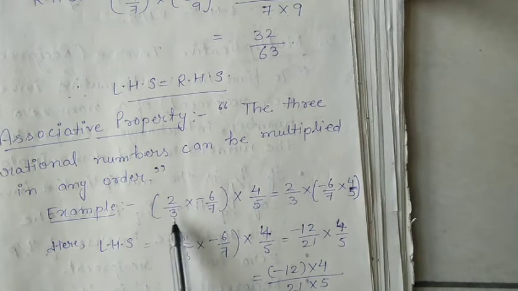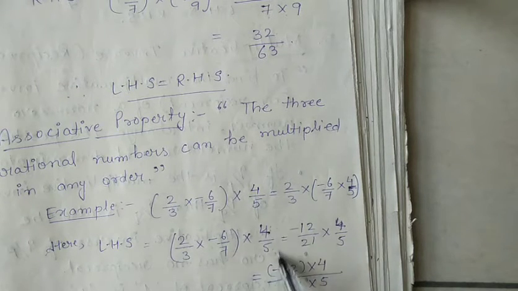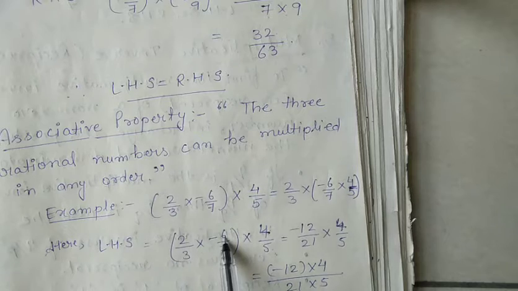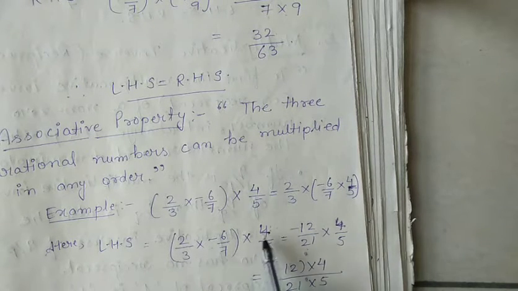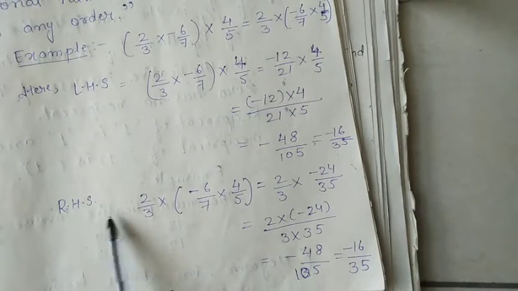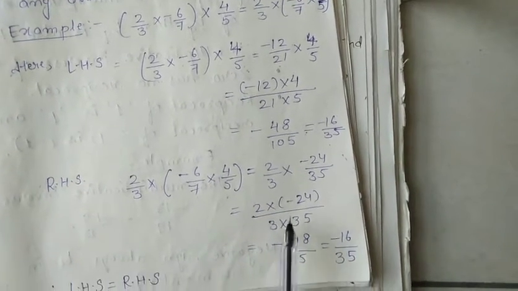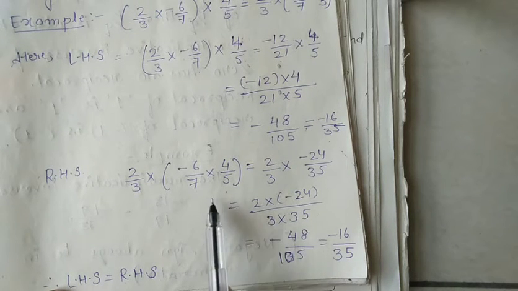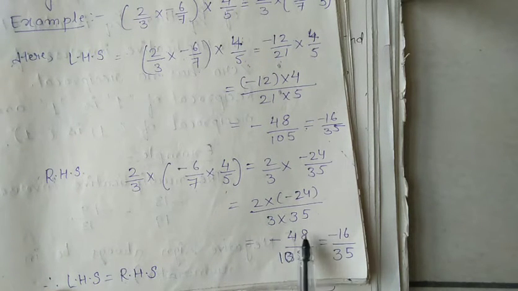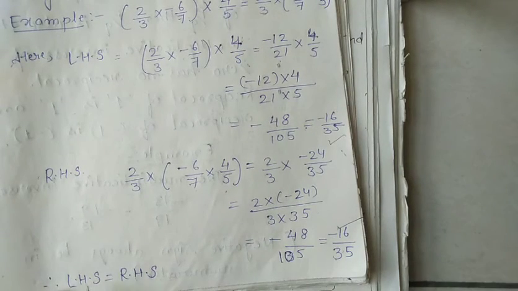First we solve the LHS: 2 by 3 into minus 6 by 7 gives 2 into minus 6, minus 12 by 21, and then into 4 by 5. When we solve this we get the answer minus 16 by 35. In the same way on the RHS, multiplying numerator to numerator and denominator to denominator, we get the answer minus 16 by 35. So LHS and RHS are both the same; left hand side is equal to right hand side.